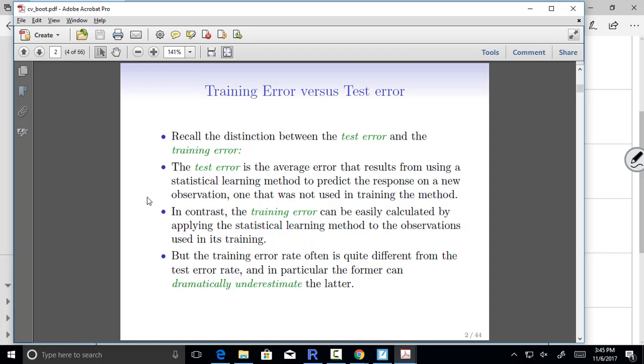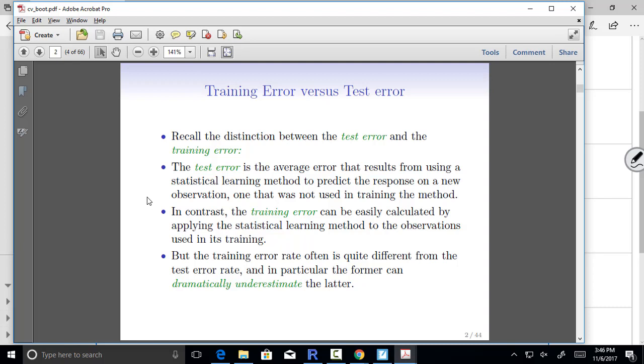So for example, with the Hall of Fame data, suppose we took our 1,000 players and randomly selected 667 of them to use for training, and the remaining 333 we're going to set aside as test individuals. We're not going to touch them while we're building our model and tuning our model. We will only use that held out test set for estimating accuracies.